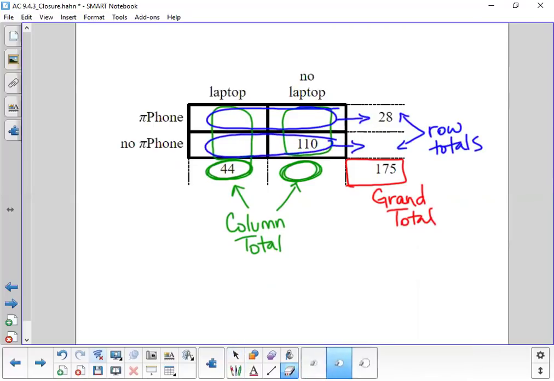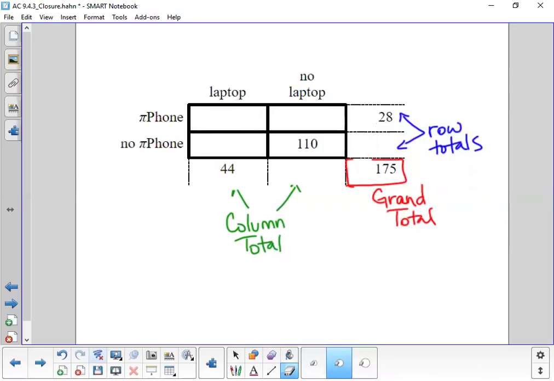All right, now I have enough information that I can fill in all the spots of this table that I need to. This grand total is what I get if I do 44 plus whatever is here. It has to equal 175. So if I do 175 minus 44, I get 131.